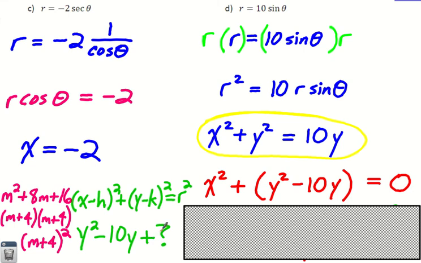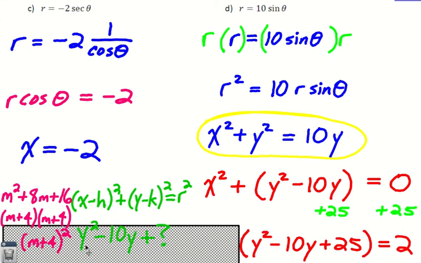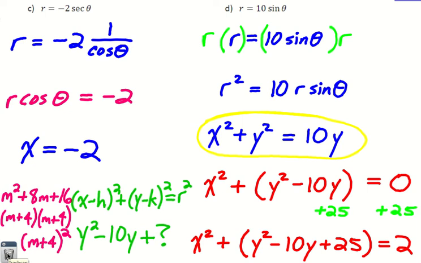What would be this magic number? Pause the video if you want to and think about it. Well, the magic number here is 25. Y squared minus 10y plus 25 would make a perfect square trinomial, okay?